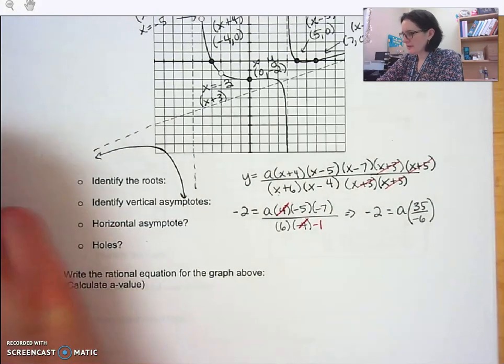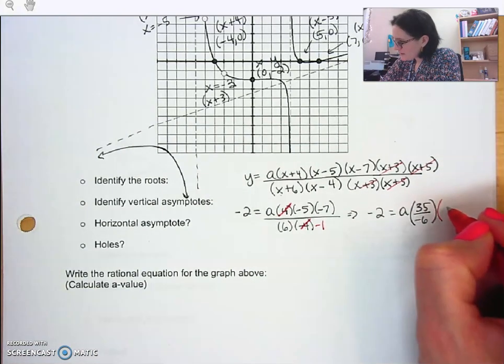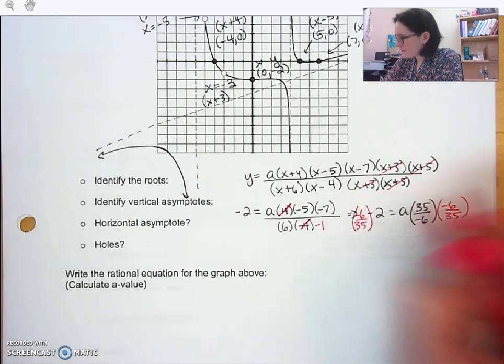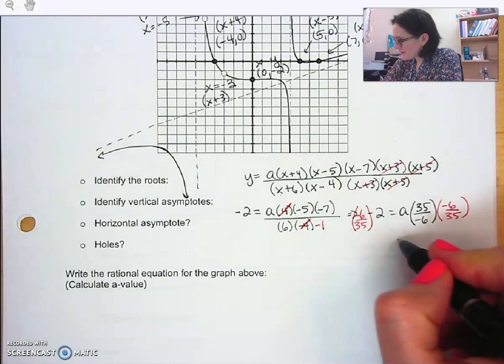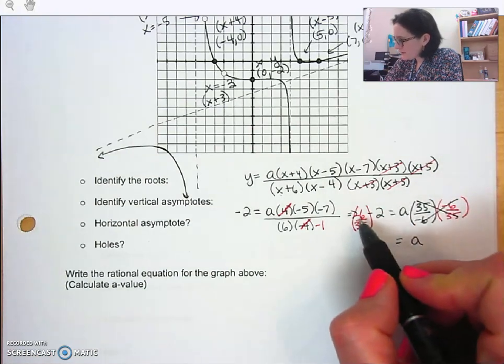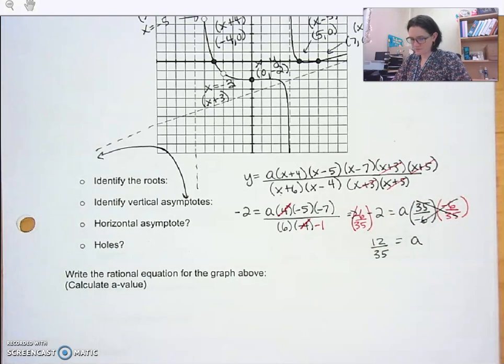So to cancel that out on both sides, I'm just going to multiply by the reciprocal. -6 over 35, -6 over 35. So on the right-hand side, these cancel, leaving me a. And on the left, I have negative times negative is positive 12 over 35.